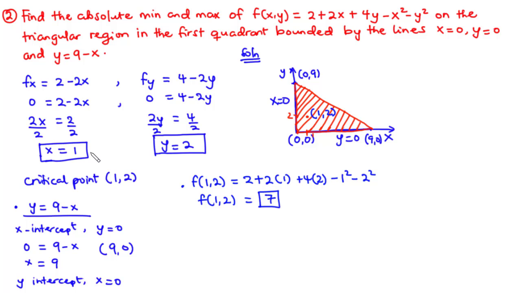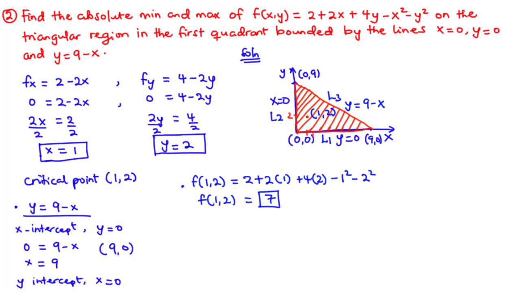Now the next thing we are going to do is to find the extreme values of the function on the boundary of the triangular region. We want to investigate the points along these lines. So let's label this L1, that L2, and then this L3. Notice that this is the line y equals 0, x equals 0, and this is y equals 9 minus x.